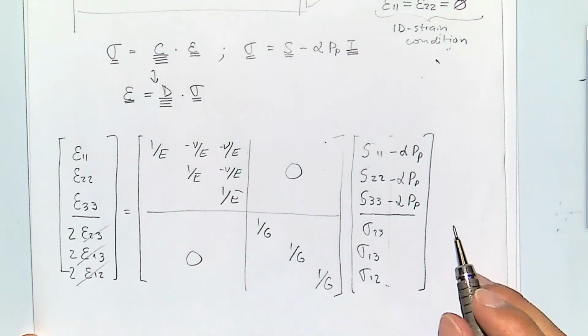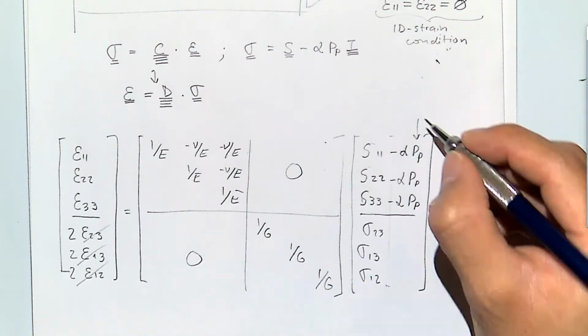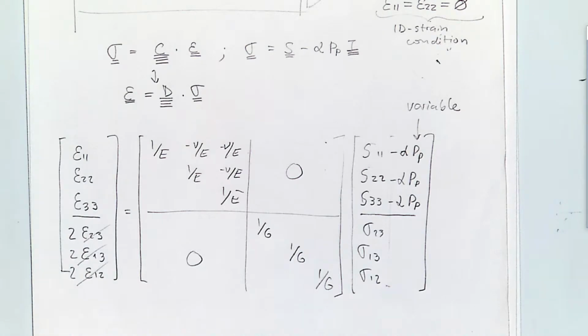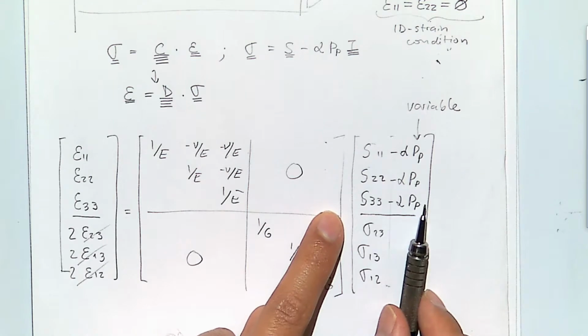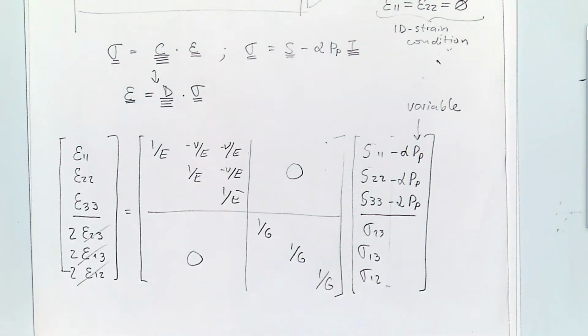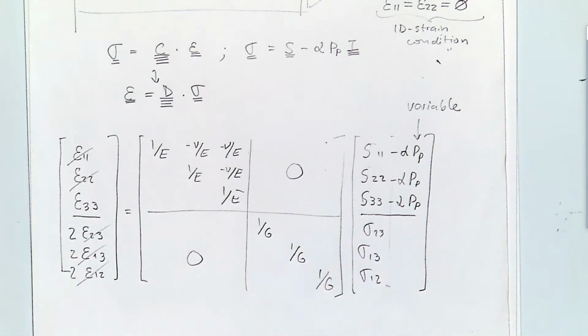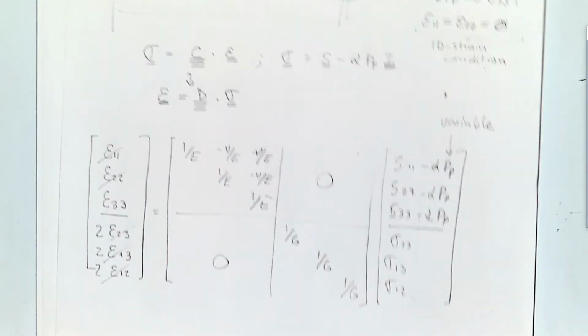We need to write these equations like this because now our variable is going to be the pore pressure, to solve the stresses as a function of the pore pressure. All right, so we said that this one is going to be also 0, that this one is going to be also 0. So let's see what is left, and we'll use those equations in order to predict the stresses. Okay, so I think I have a space over here.